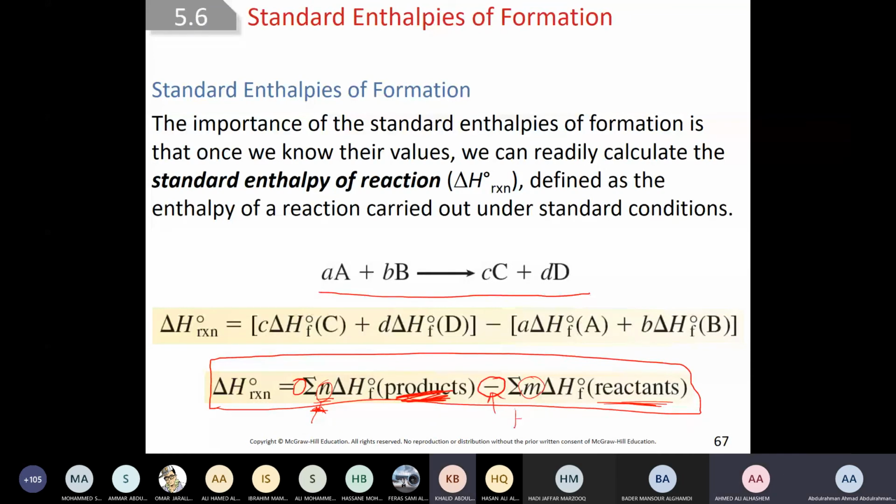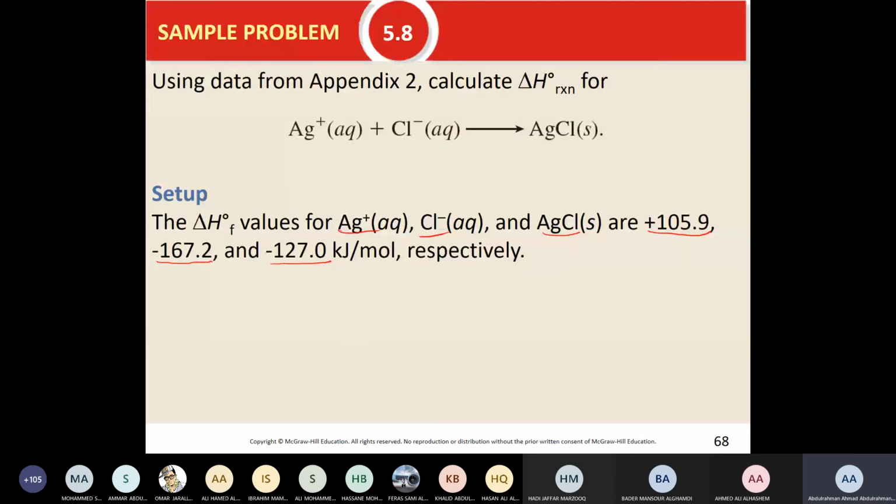Minus the summation of the heats of the reactants. Good. So what will be the delta H for this reaction? For the AgCl, you keep it as it is: minus 127.0. Should I multiply it by any number of moles? In this case all of them are 1, so I'll keep it as 1.